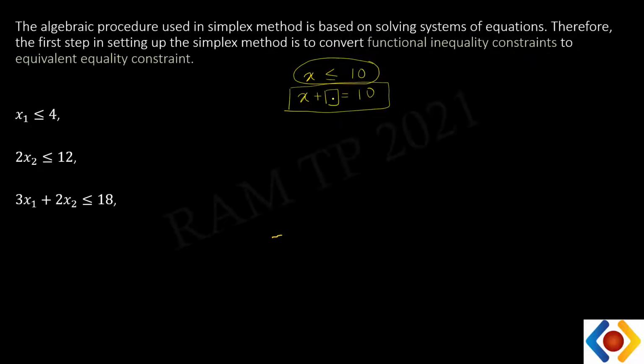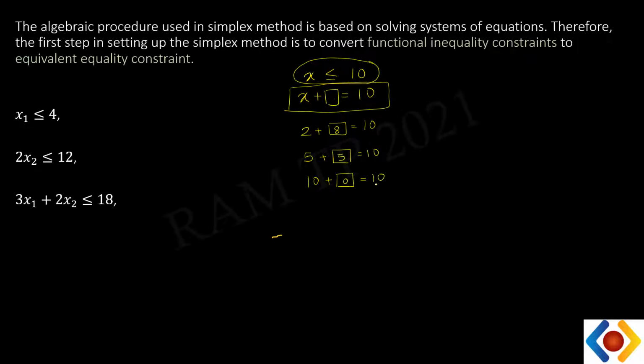What value this box will take depends on what value x has. For example, if x is 2, the value in the box will become 8, and my equation will be true. If x is 5, the value in the box becomes 5. If x is 10, then the box is 0.